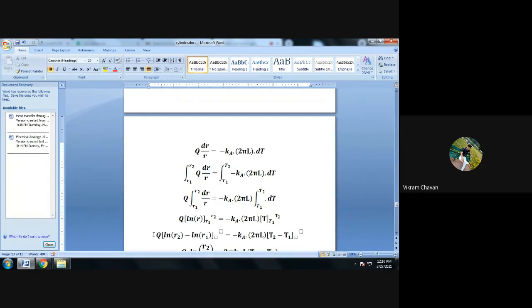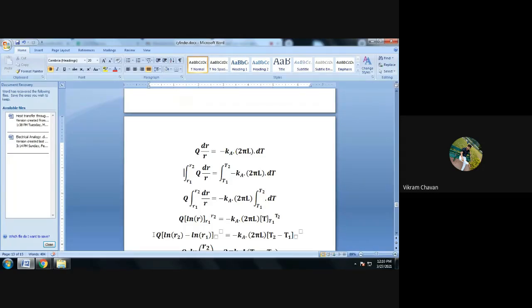Whatever derivation we followed for the hollow cylinder heat transfer, we have followed the same derivation here to find the heat transfer in one single cylinder.